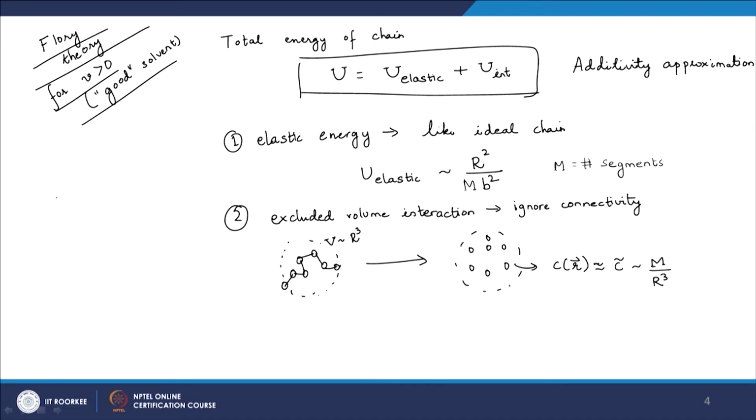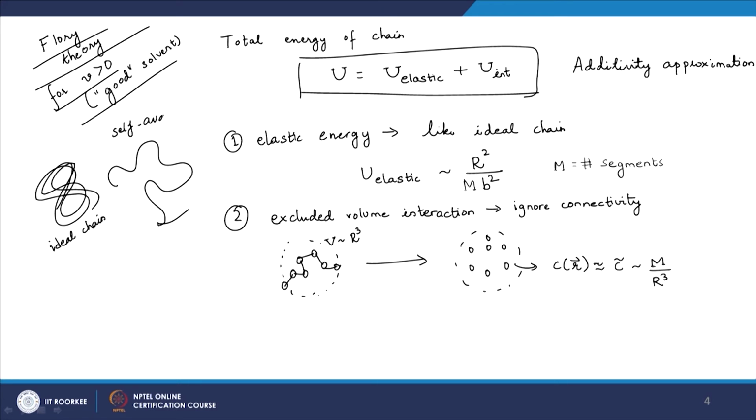As I already said, an ideal chain and a self-avoiding walk, or a good solvent chain, differ in the stretching of the polymer chain, and in the case of the self-avoiding walk (SAW) we can expect that the chain is more stretched.